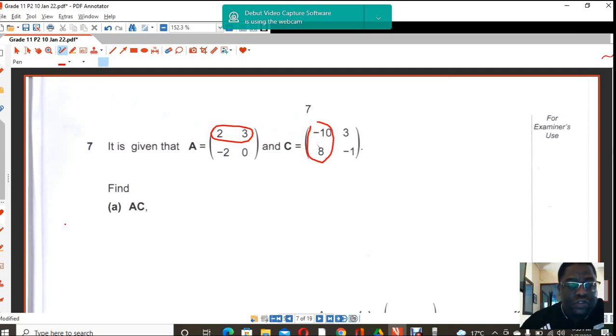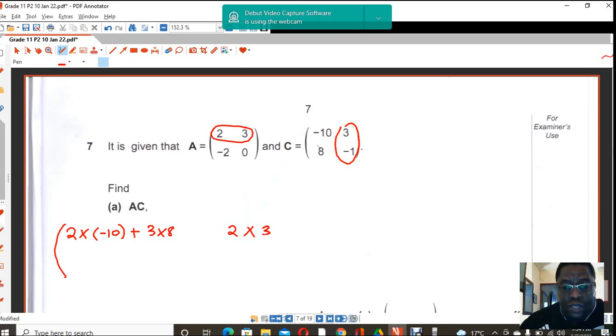So that is 2 times negative 10 plus 3 times 8. Now we continue with the same: we multiply the first row with the second column. So that is 2 times 3 plus 3 times negative 1.